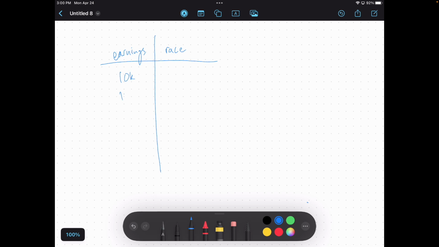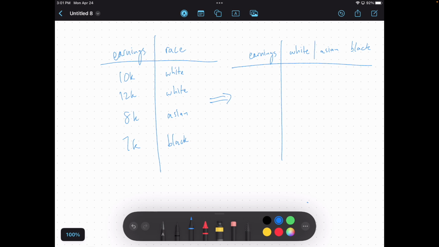Earnings are 10K, 12K, 8K, whatever, and here I have something like white, Asian, black. Let's say I were to do a regression on this where I say LM earnings on race. What's happening behind the scenes is this. It transforms this table. So this is what it means to be a factor.